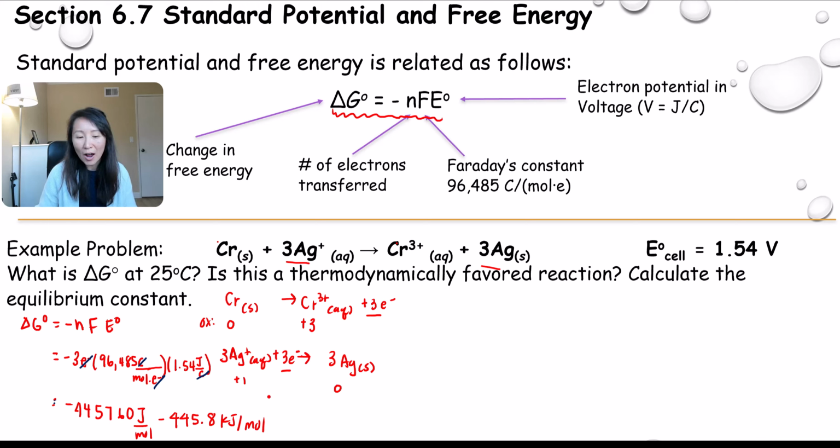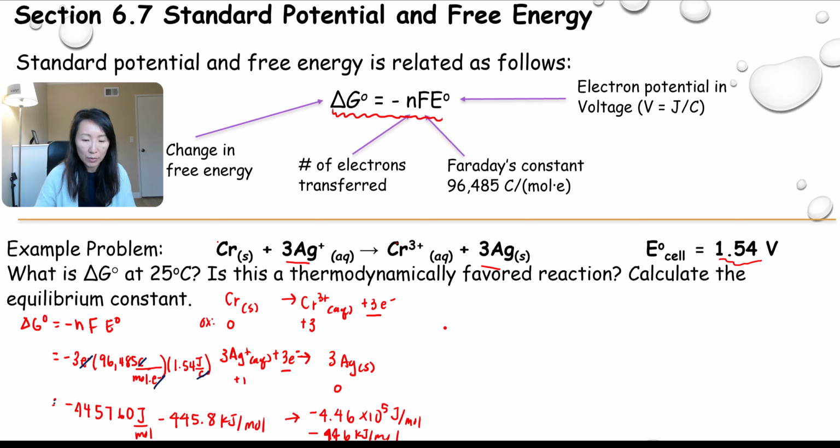If you're wondering what the sig figs are here, probably 3, because we're dealing with 3 sig figs in the voltage and everything else is infinite. So let's rewrite this in the correct sig figs. The first one would be negative 4.46 times 10 to the 5 joules per mole, or you could write this as negative 446 kilojoules per mole.